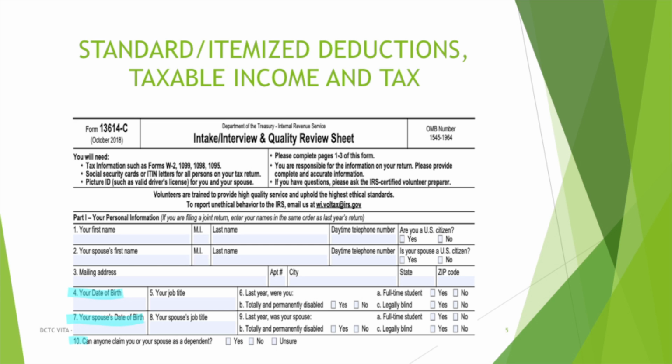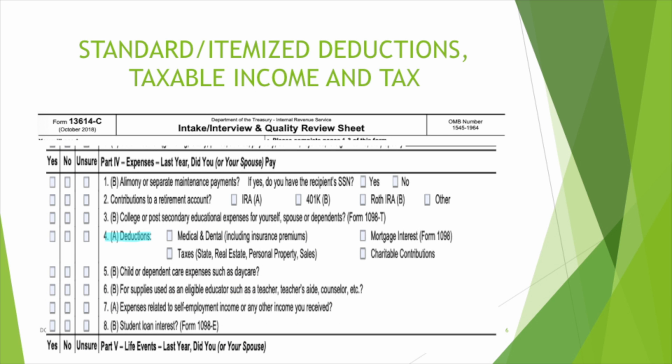Now let's talk about the itemized deductions. Form 13614C gives me a hint as to whether or not the taxpayer intends on itemizing their deductions. If the taxpayer checked yes on line 4, the taxpayer will need to provide the tax preparer with proof of the expenses or the deductions.